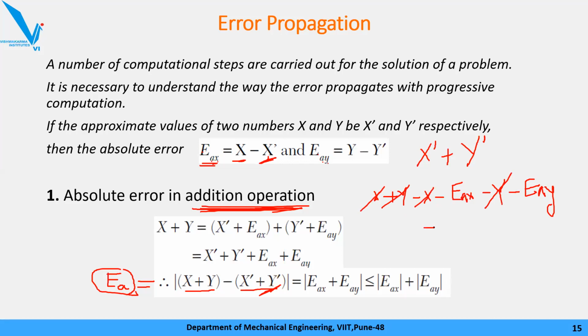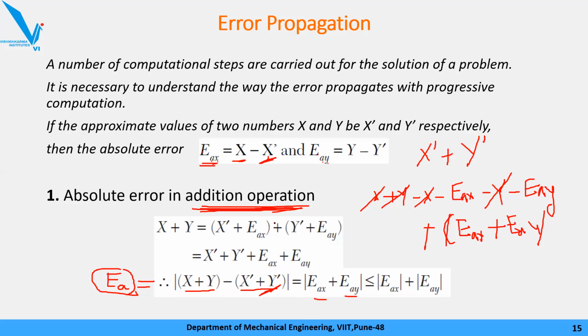What we have is, taking minus common, eax plus eay. In the mod we'll put it, because error doesn't require a sign. So what we got is mod eax plus eay.